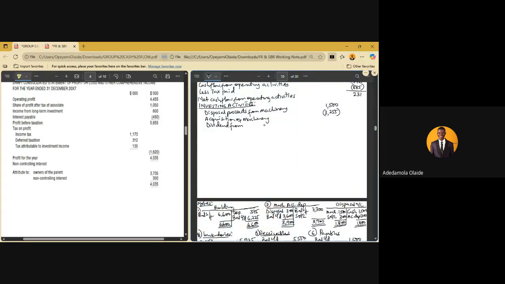Dividend from associates, 750. That's an inflow.